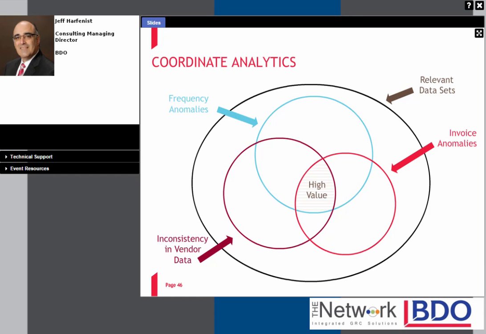What you wind up with is either real-time, depending upon how continuous your monitoring is, or near real-time detection of not just fraud, but also inefficiencies in purchasing. You're finding potentially anomalous transactions, high-risk relationships, failures in the compliance environment, and circumvention of controls.